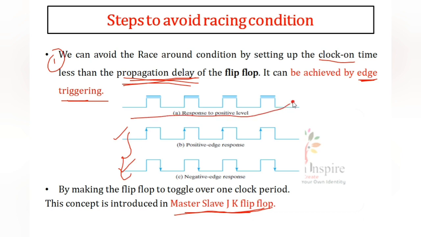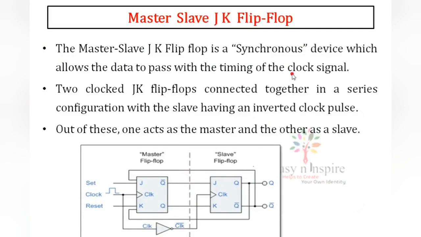Here it is level triggering. See here, high level, low level. This is master-slave JK flip-flop. If you observe this carefully, master and slave, two words, so I need two flip-flops. Master-slave, either JK or D, T, SR, whatever the flip-flop may be: if you see the word master-slave, you need to consider two flip-flops of the same type.